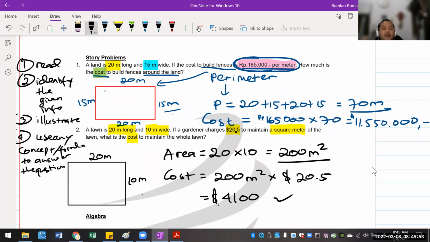Third is to illustrate. If you can draw it, draw it, and put any values on the image. And the last one, use any concept or formulas to answer the question, using a systematic way. So these are the 4 steps.